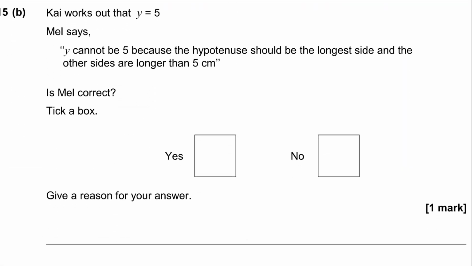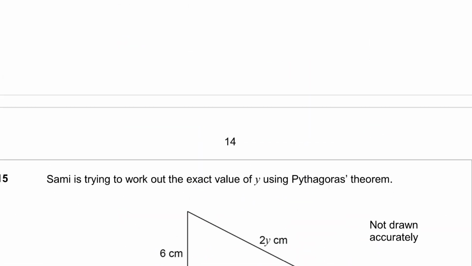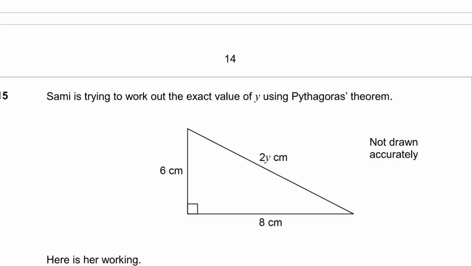Okay, so part B says Kai works out that y is equal to 5. Mel says y cannot be 5 because the hypotenuse should be the longest side and the other sides are longer than 5. Is Mel correct? Well, I think Mel is making a mistake here because the hypotenuse is 2y and not y, which would make it 10, wouldn't it?